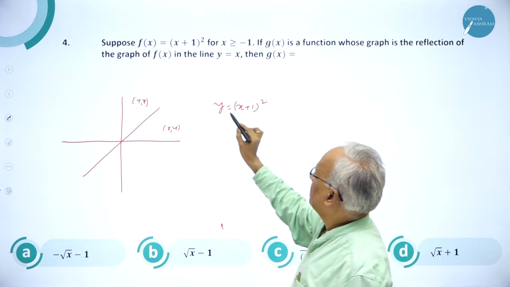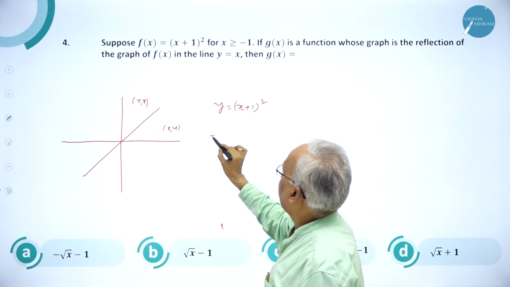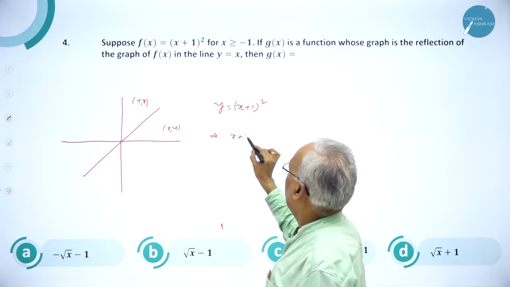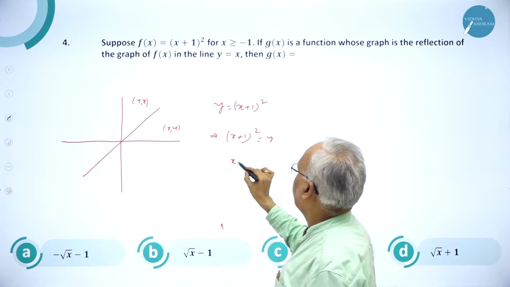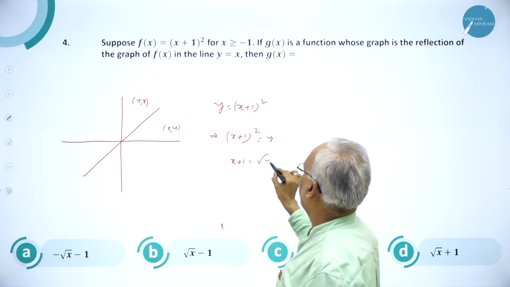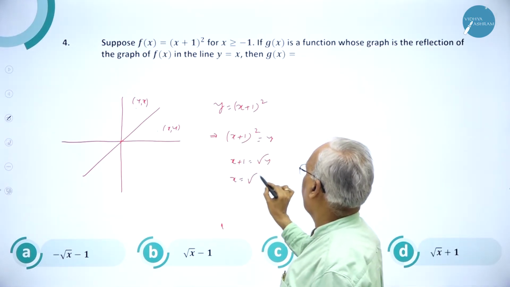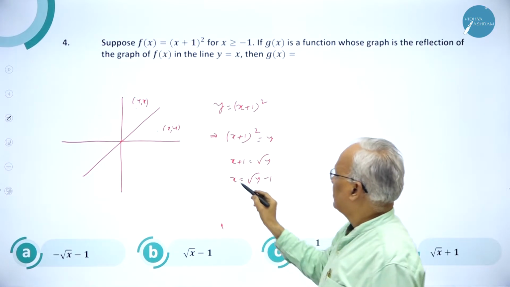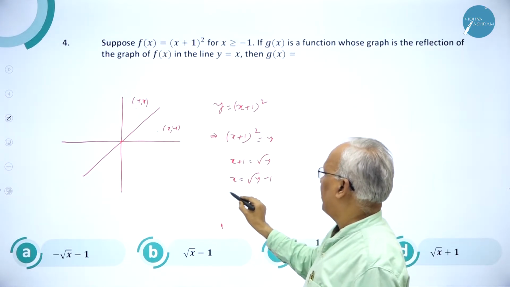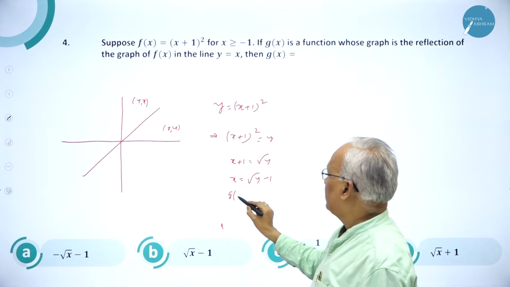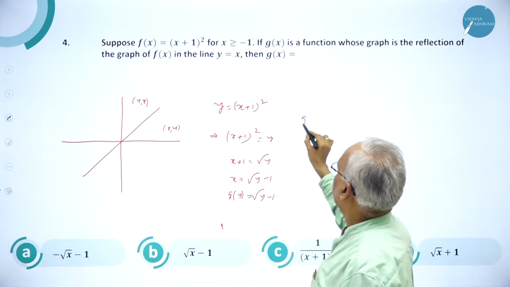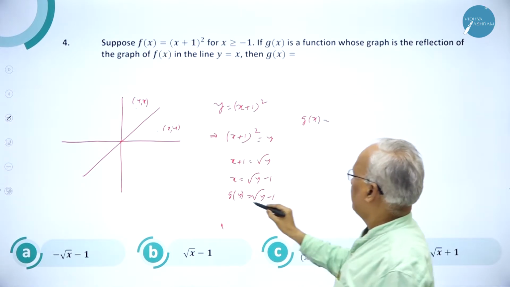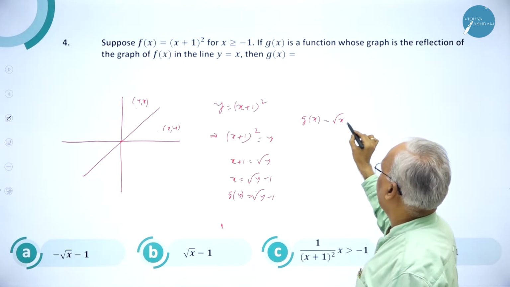So (x plus 1) whole squared is equal to y, or x plus 1 is equal to square root of y. So x is equal to square root of y minus 1. So this is actually g of y. So g of y is equal to square root of y minus 1. Therefore g of x, you replace y by x, is root of x minus 1.